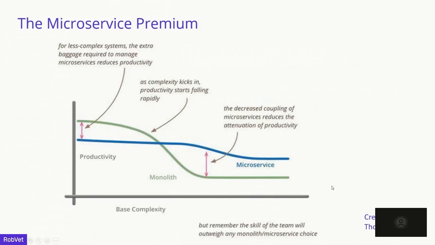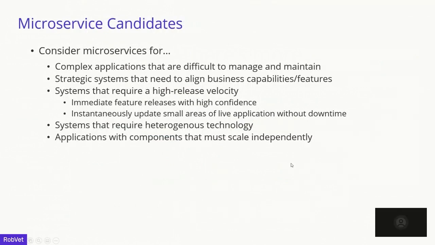So that kind of leads us to this question. This is the last one on this slide deck. Microservice candidates, right? So if we have applications, what's a candidate application to become a microservice? Whether it's a new application or whether it's going to be an existing application. You might think of it this way.